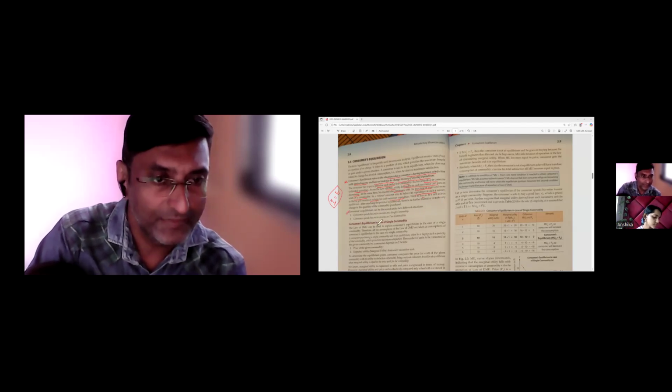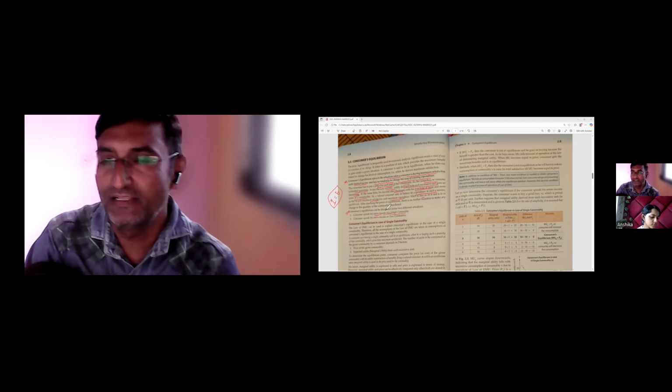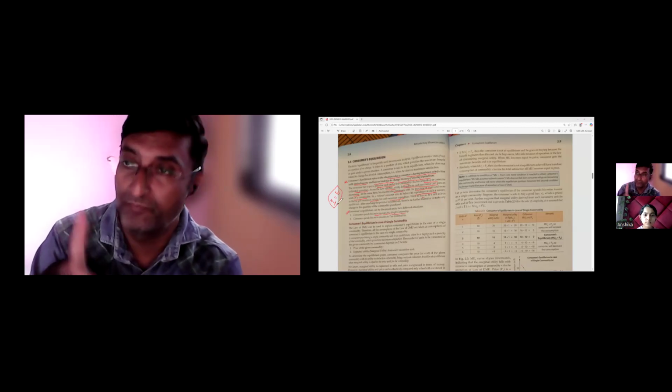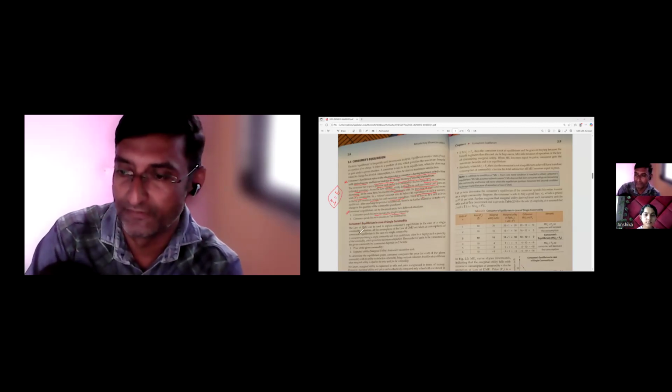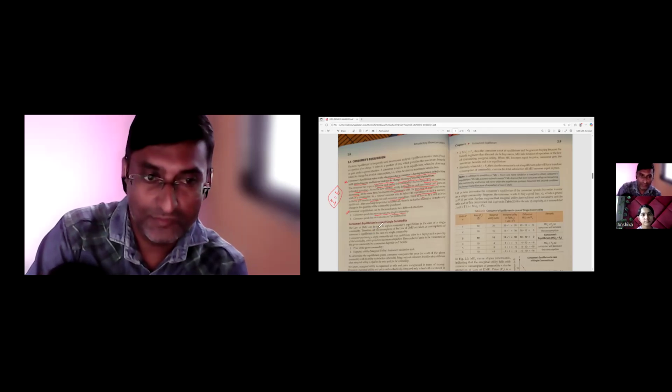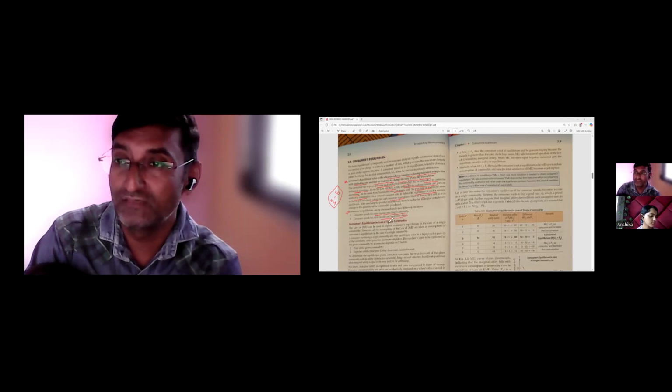Now, consumer equilibrium can be discussed under two different situations. In the first, the consumer spends his entire income on a single commodity. Few consumers spend their entire income on the purchase of only a single commodity. But in the other case, the consumer spends his entire income on two commodities. Why? Because two commodities give different satisfaction and different utility.